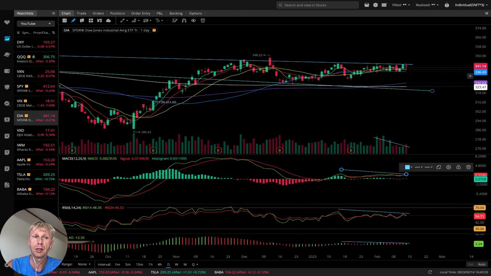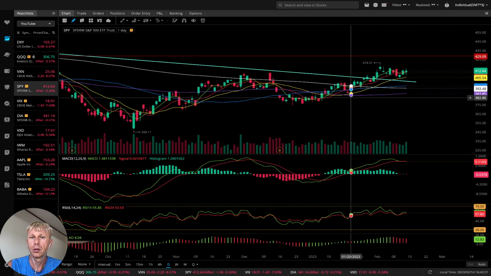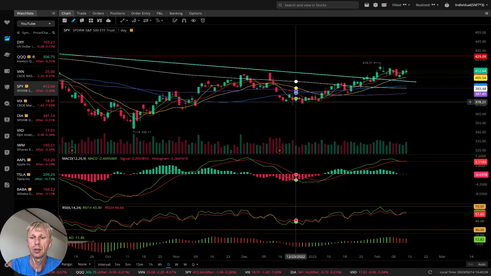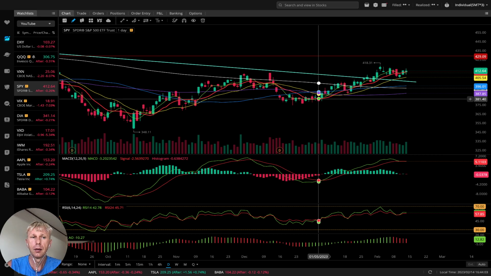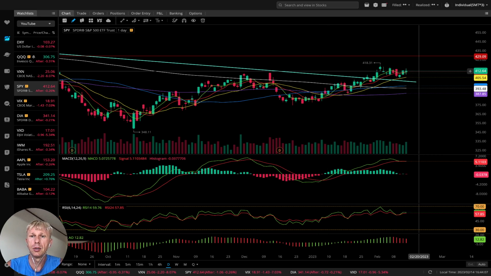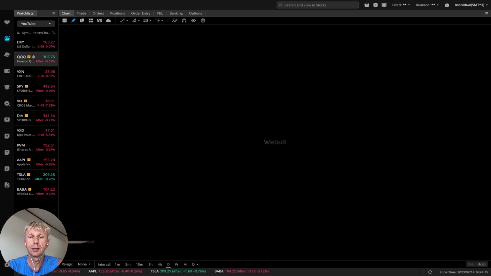The market was bullish, like I mentioned before. Indexes were bullish since the beginning of the year, and now it changed. They want to change direction to bearish. That's what we have on all indexes.